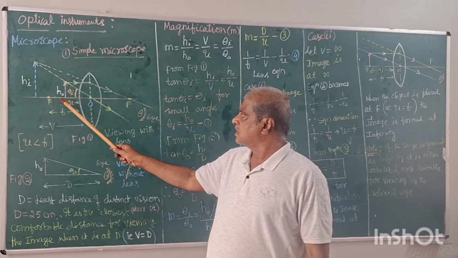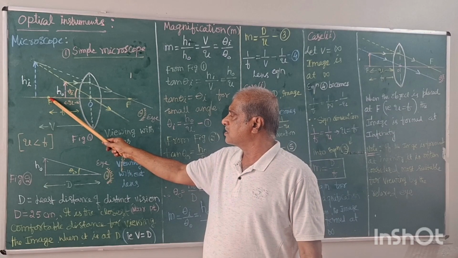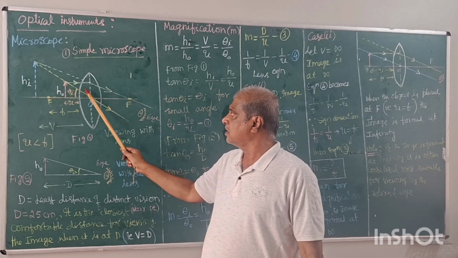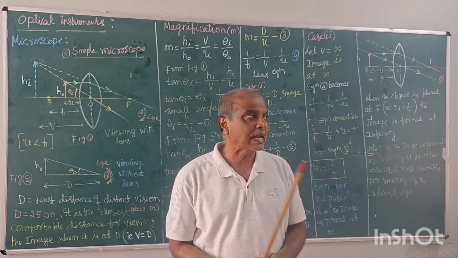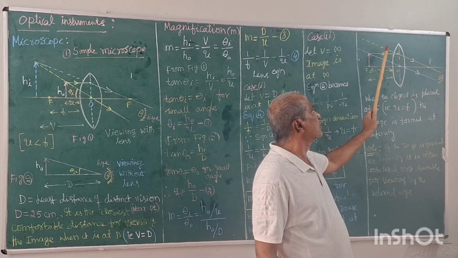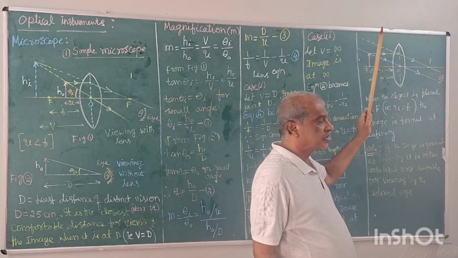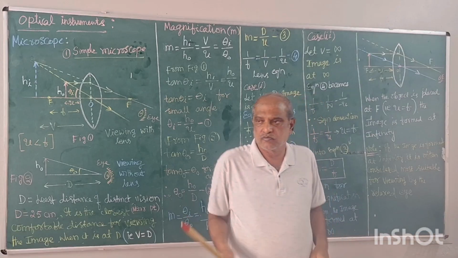If the object is exactly at the focal point of the lens, the light from the object neither converges nor diverges. The rays remain parallel like this and produce a virtual image at infinite distance. That is the diagram at point B.